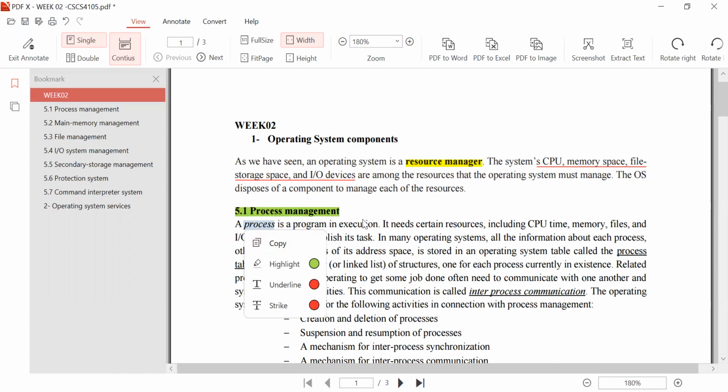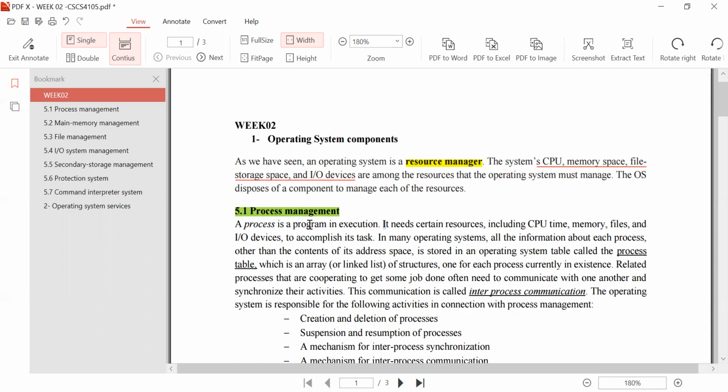There are other programs in your computer that are not running at the moment. Maybe you are running just the Zoom application. At that moment, you will have the Zoom process. Maybe your operating system also has some system processes that are running in the background. They are always there. So a process is simply a program in execution.